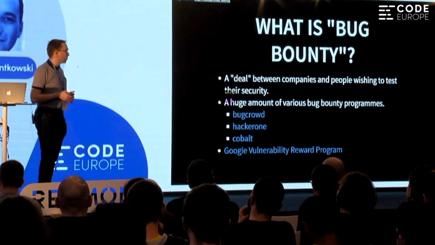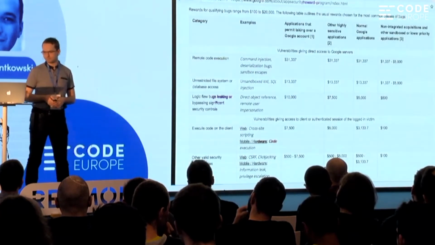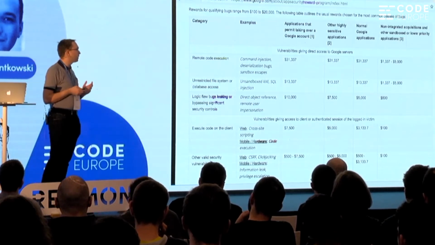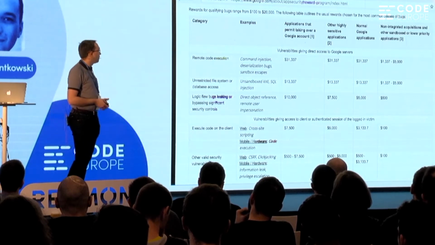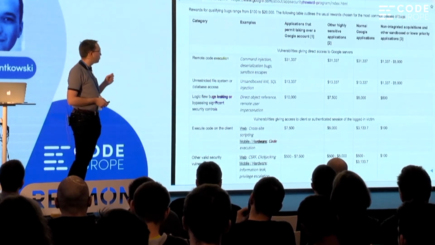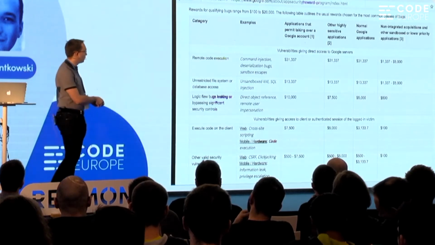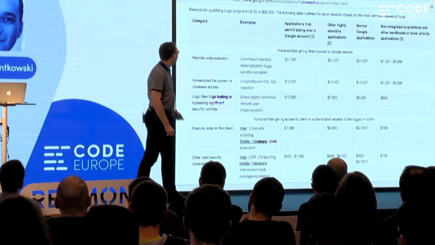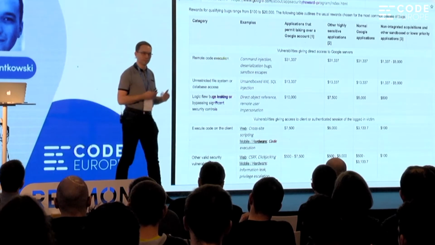The Google Bug Bounty program is officially called Google Vulnerability Reward Program. And on their official site, you can find some basic information about the bug bounty. Here I pasted the table which shows you how much they pay for different classes of bugs. As you can see, the amount depends on the category of the bug and the type of the application in which you find the bug.